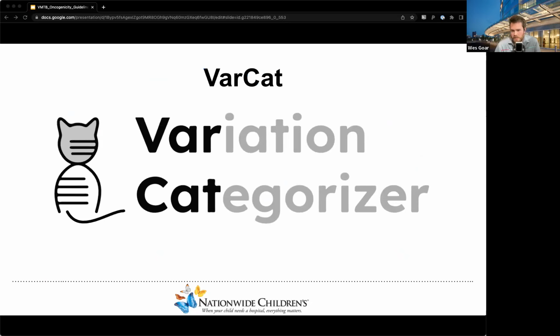And so to help alleviate the burden on our clinical team, while also, and this is important, and pseudo plug, developing an open source platform for pediatric data sharing, we decided to develop the variation categorizer, or VarCat for short.